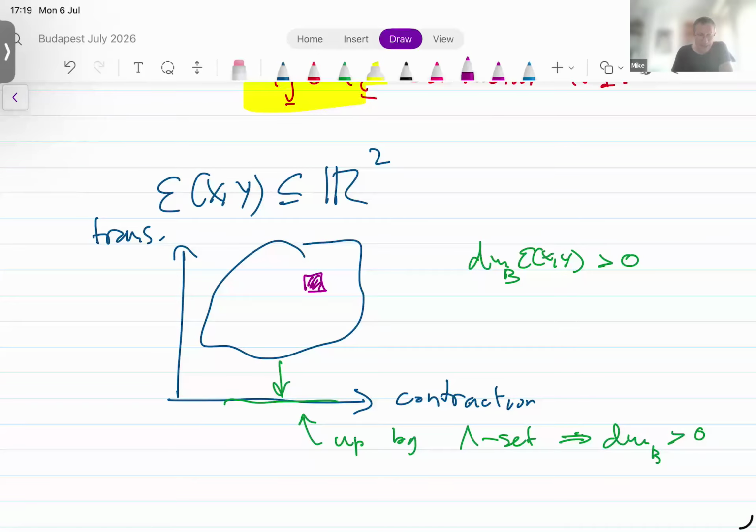So if I take a little dyadic cube that intersects my set E, what I would like to do is take that cube and magnify it back up to macroscopic scale, and somehow take limits. And when you do that in Euclidean space, you can go from positive box dimension to positive Hausdorff dimension. That's a sort of standard thing.